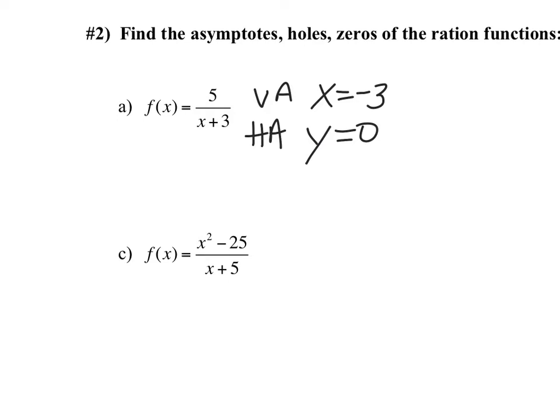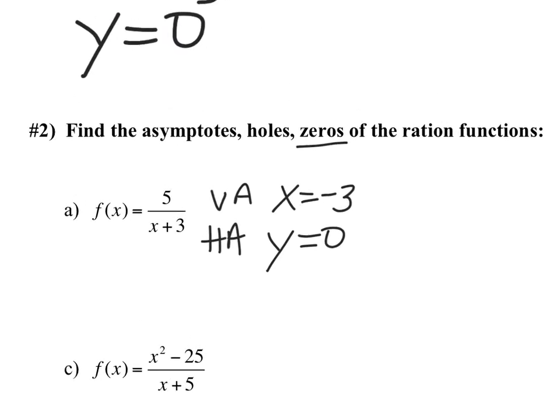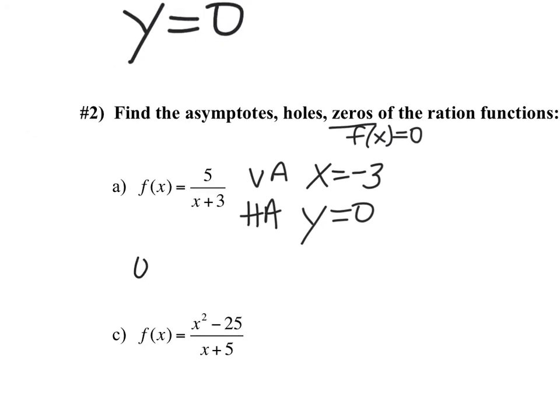And then it also wants you to find the zeros, okay? The zeros of this are found when you let f of x equal 0, and then you have to solve it. So if I plug in 0 over here, can I ever get this fraction to equal 0? No. 5 over something is never going to equal 0, okay?